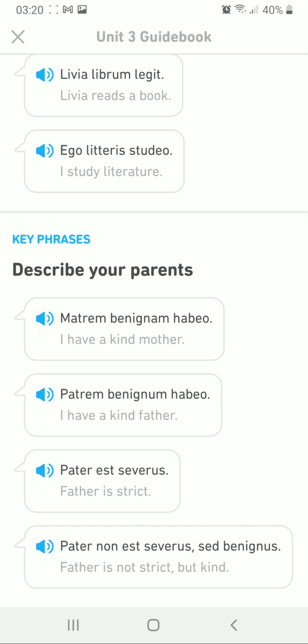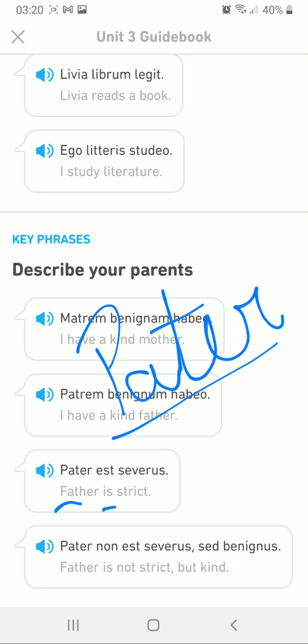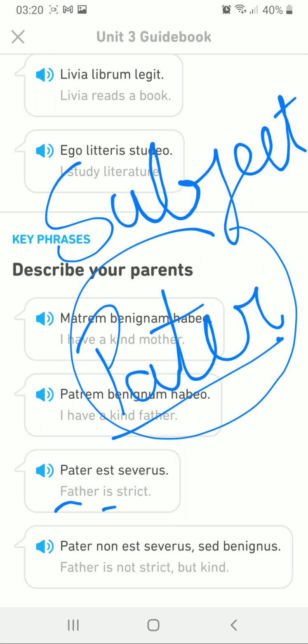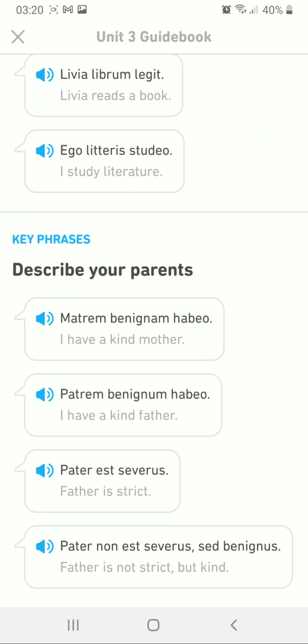Pater est severus. Let's listen to it. Pater est severus. Severus. So father is, this time we have pater instead of patrem, and this is very understandable, and that's because pater is the subject of the sentence.